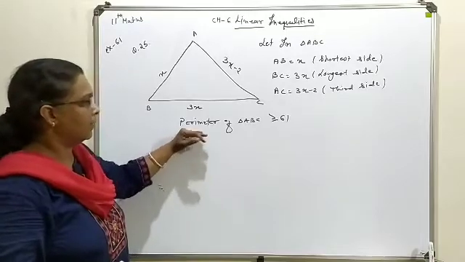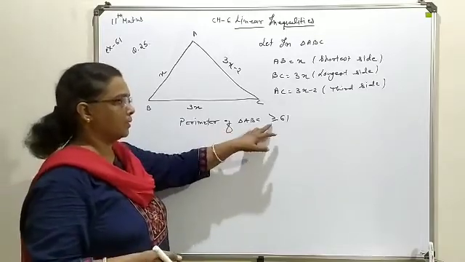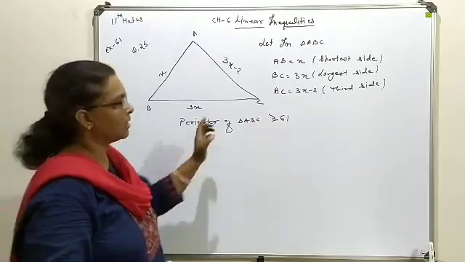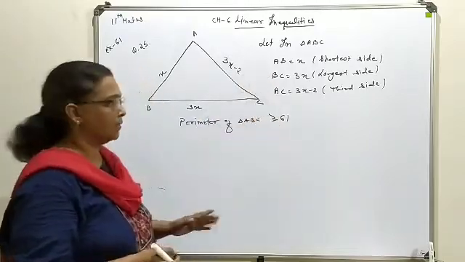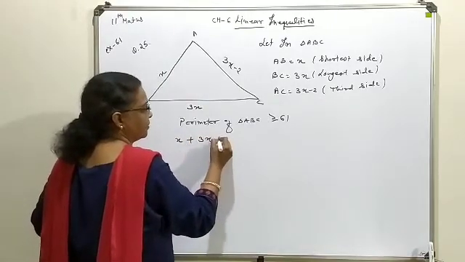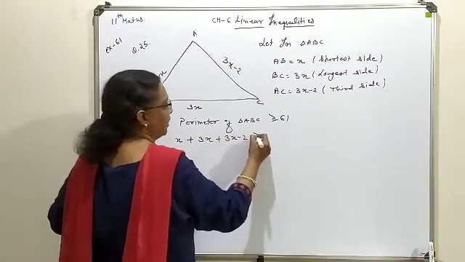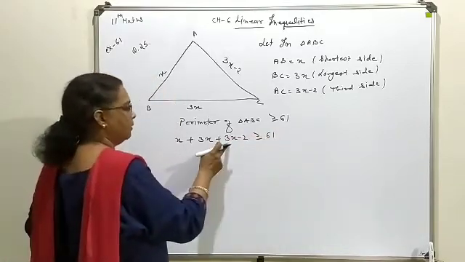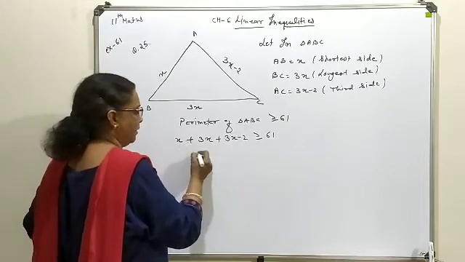The perimeter means the sum of these 3 sides. So here x plus 3x plus 3x minus 2 is greater than or equal to 61. Now adding them, 3 and 3 is 6, and 1 is 7, so 7x.